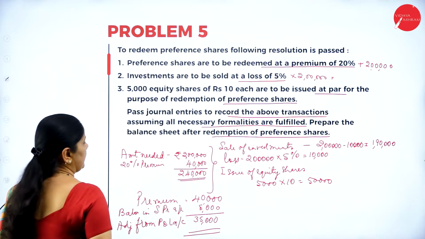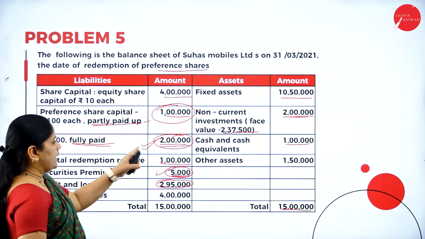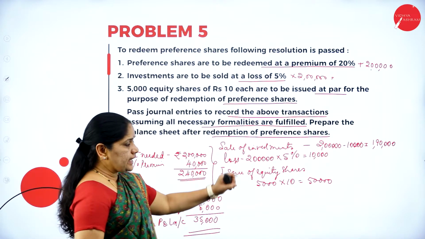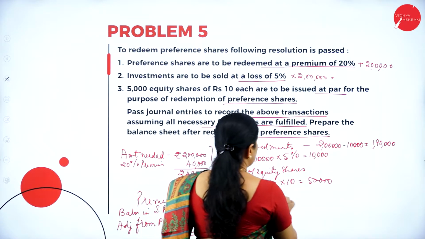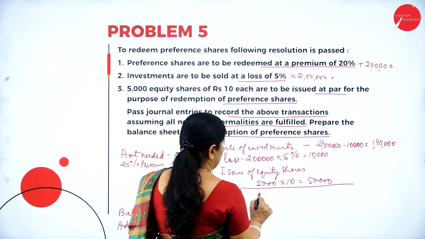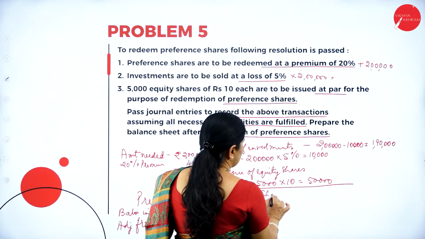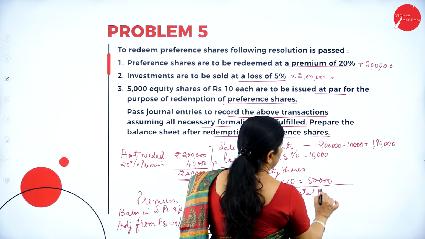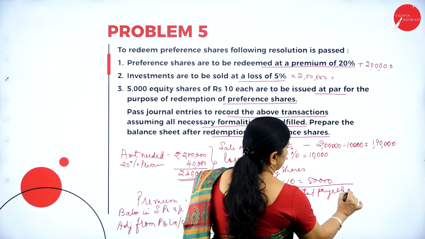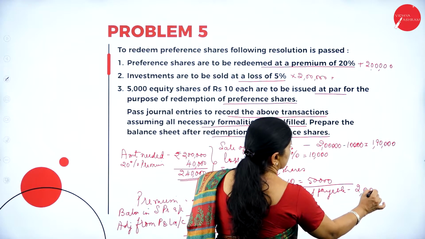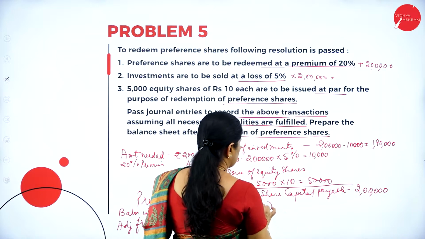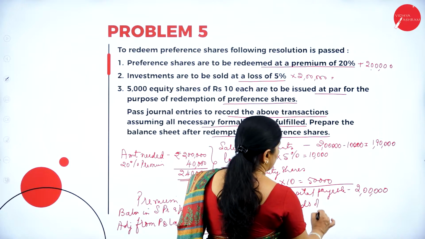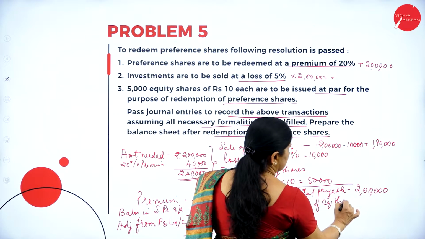So, from the profit and loss account, I am adjusting this 35,000. We have to arrange for the payment of capital of 2 lakhs here. Now, for the payment of capital, they are issuing equity shares. So, I will write preference share capital payable, that is 2 lakhs less proceeds of equity shares.